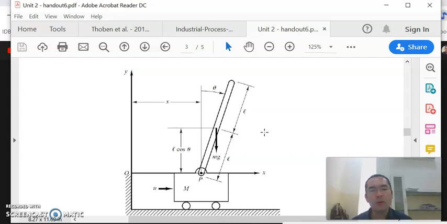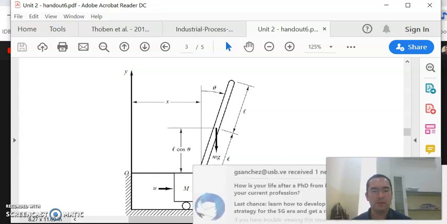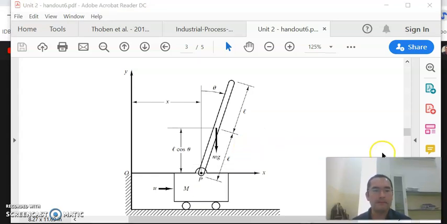So we will assume that capital M is the mass of the cart. We will assume that L is half the length of this rod.